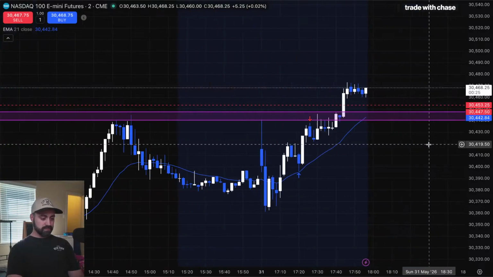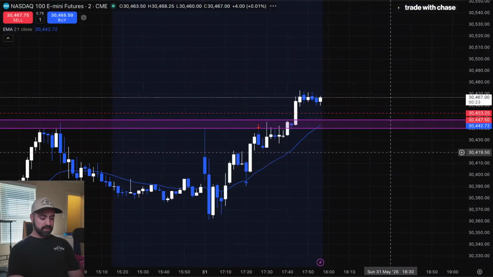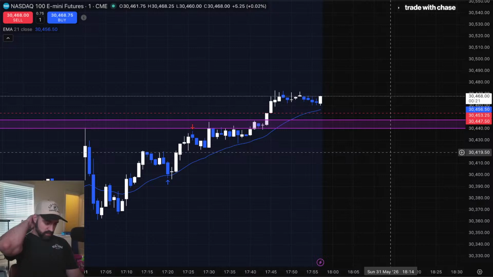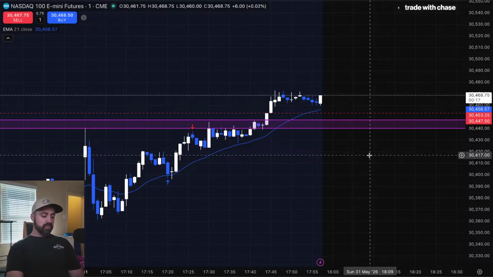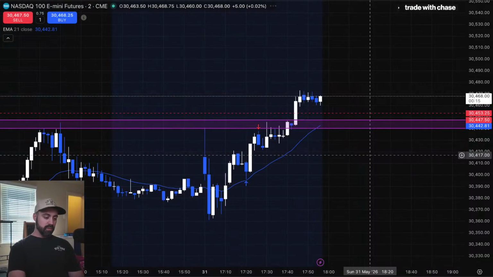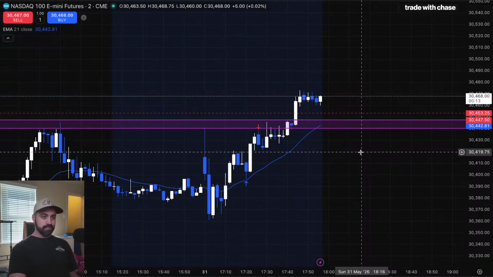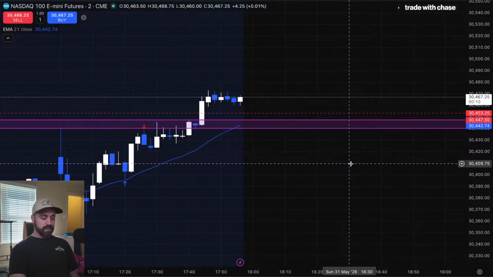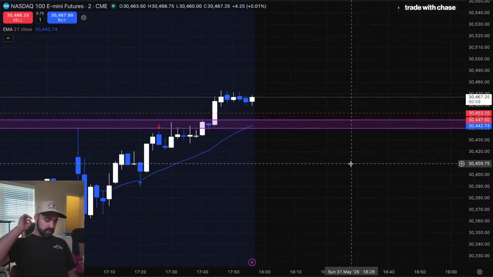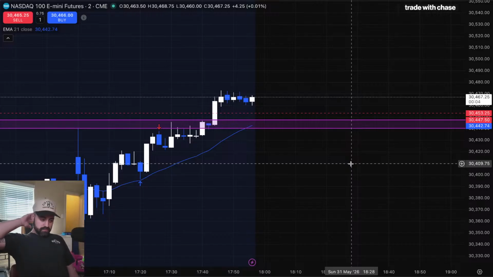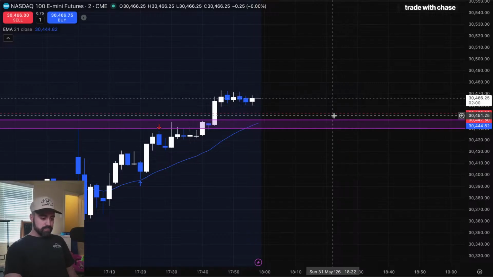But I really want an A+ setup, so I think I'm going to wait and just see if maybe we can get the pullback that we actually want.